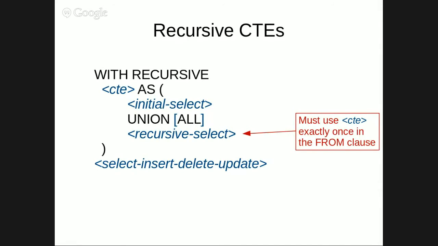Then you have the name of your little magical view, and it's got to be a UNION or a UNION ALL. In some cases it always has to be a UNION ALL, depending on what engine you're using. Then there are two parts of this UNION ALL. The first query is like your initialization step. I've got another slide that's going to make this a little clearer in a second. And then the second one is a query that uses the common table expression exactly once in its FROM clause.